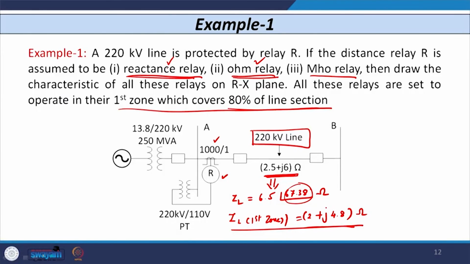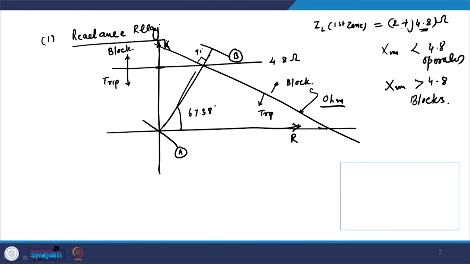Now, let us see the third one, the mho relay. As I told you, the mho relay has a circular characteristic. What is the radius of the mho relay? If I draw the mho relay like this, this is your Z1 at an angle of 67.38 degrees. The mho relay radius is given by the square root of half of this value squared plus half of this value squared, that is 2.4.